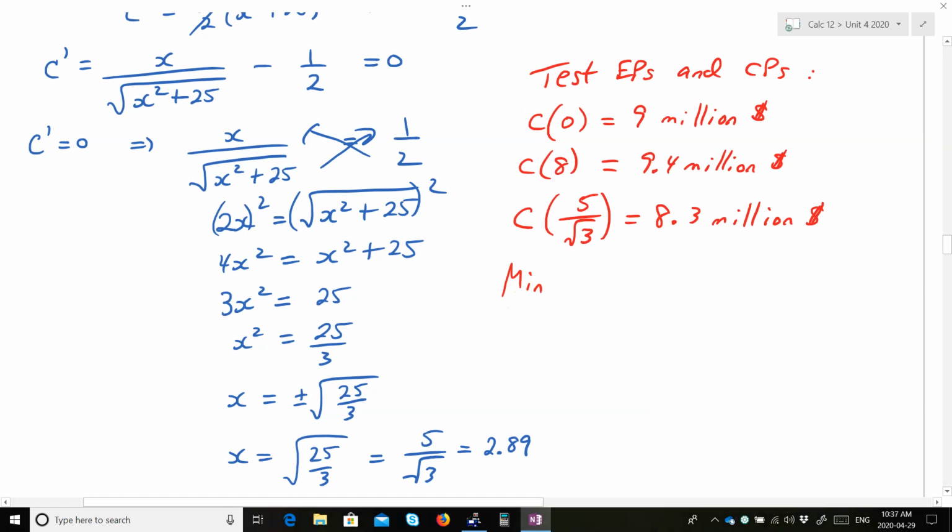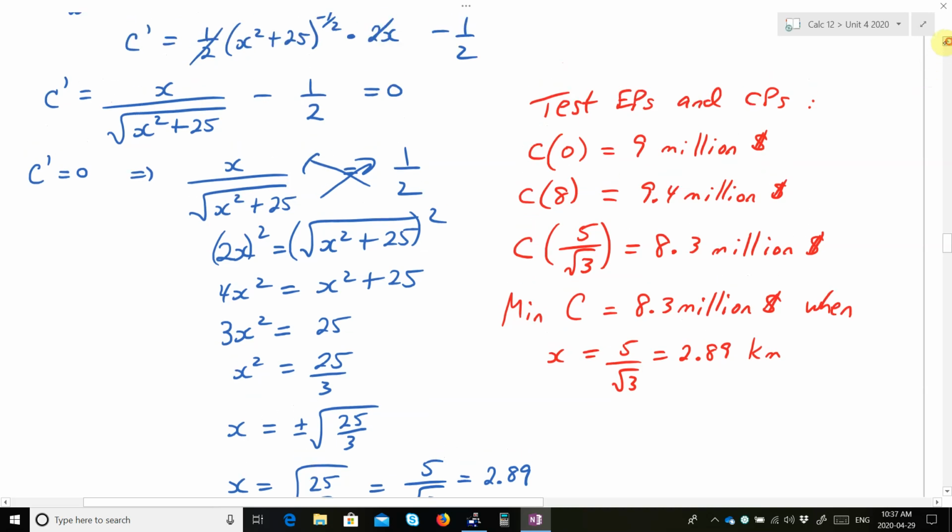Okay, so where should point P be located to minimize the cost of laying the pipe? So minimum cost equals $8.3 million when x is equal to 5 over root 3, which is about 2.89 kilometers, because that's in kilometers.